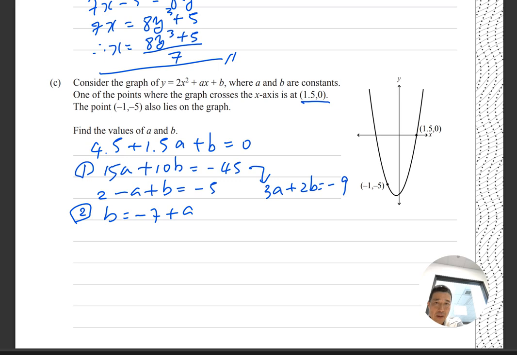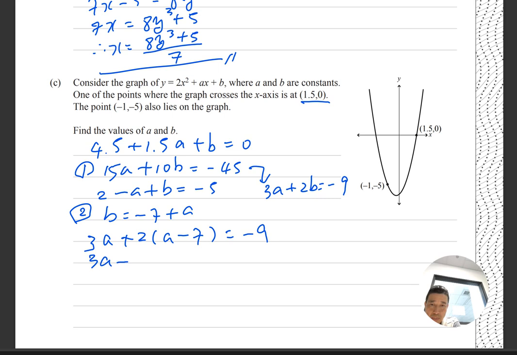And then I plug equation number 2 into 1 to eliminate A. So, eliminate B, I'm sorry. 3A plus 2 times, instead of B, I would say A minus 7, right? Because B is A minus 7, right? Equals negative 9. So I expand and find A.